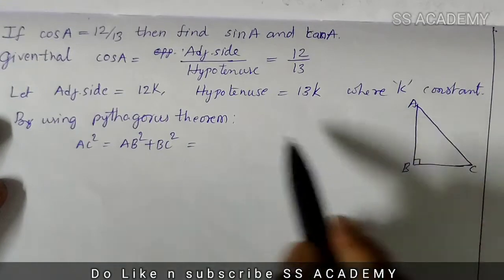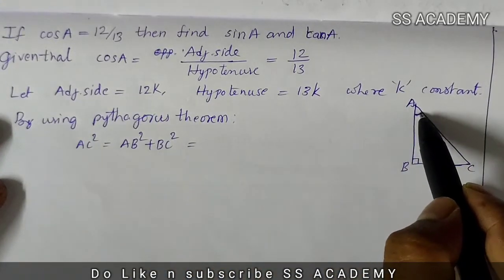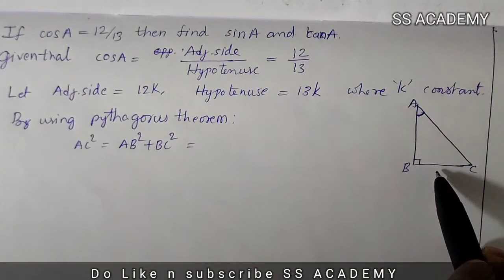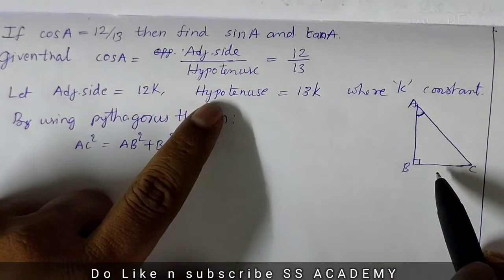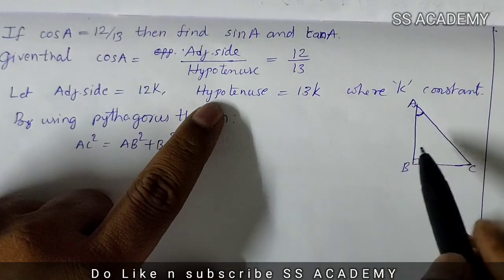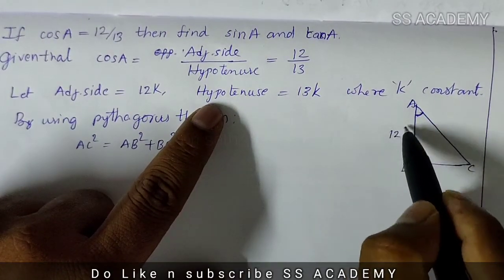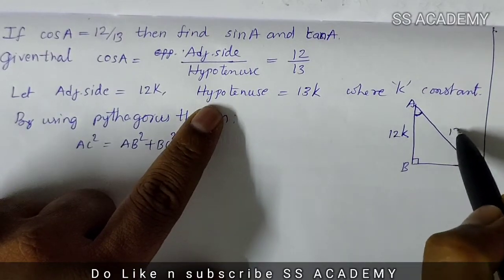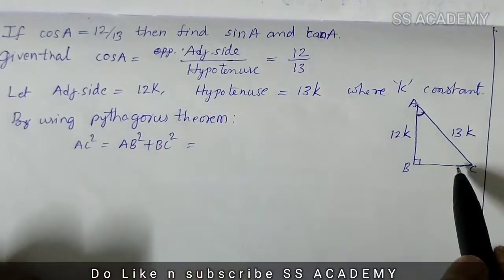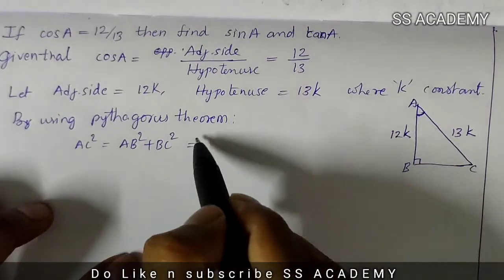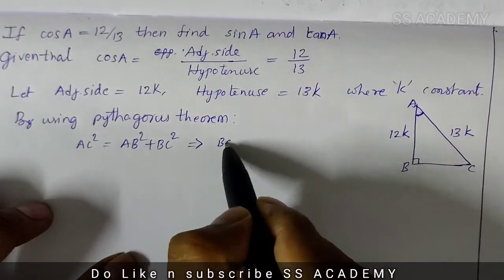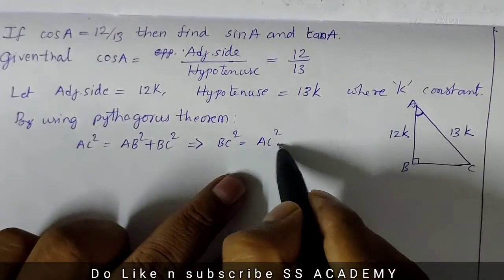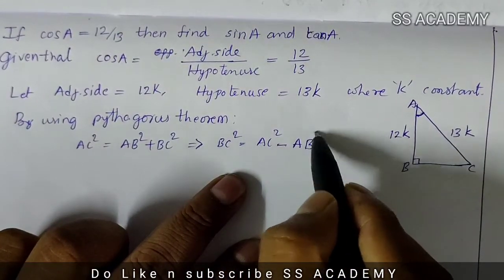Here it is given angle A. For this, BC is the opposite side and AB is the adjacent side, so it is 12k, and AC is the hypotenuse, so it is 13k. So what we need to find out? We need to find out BC square. So BC square equals AC square minus AB square.